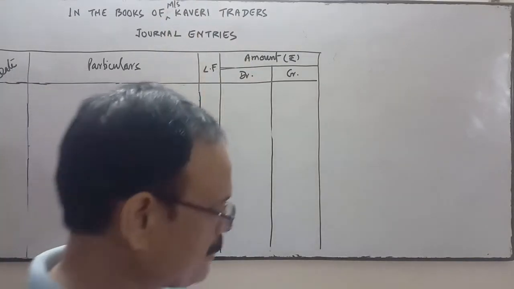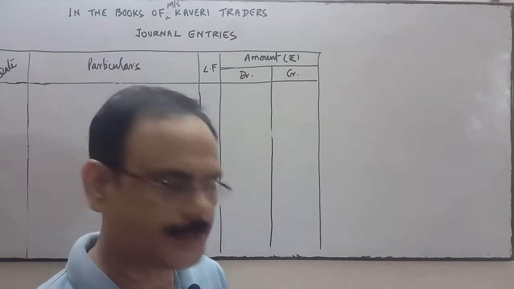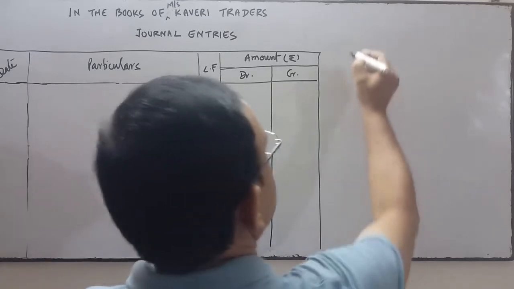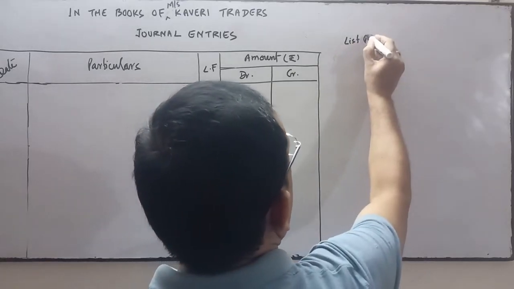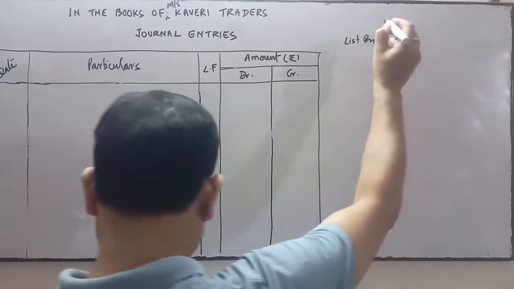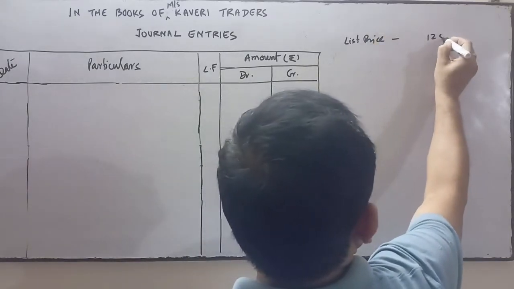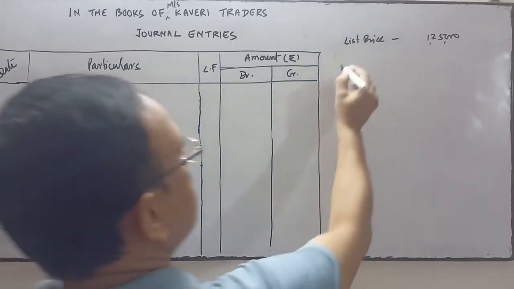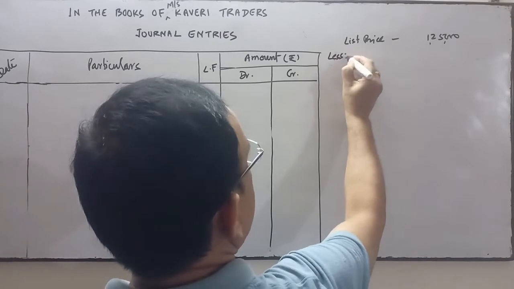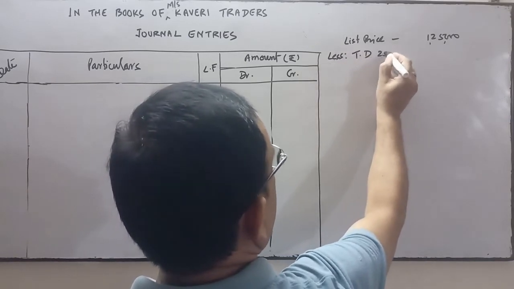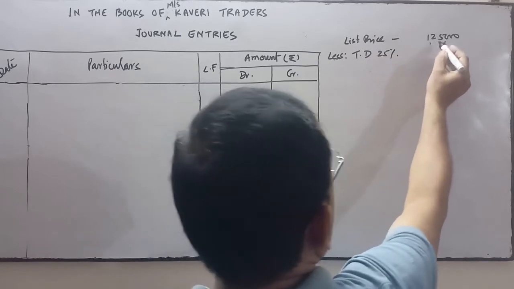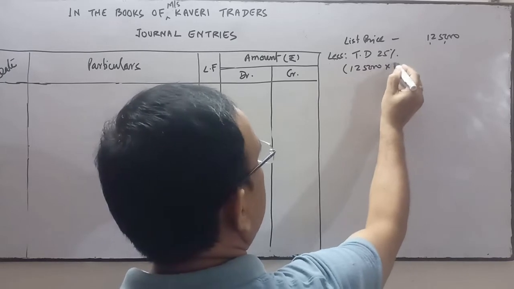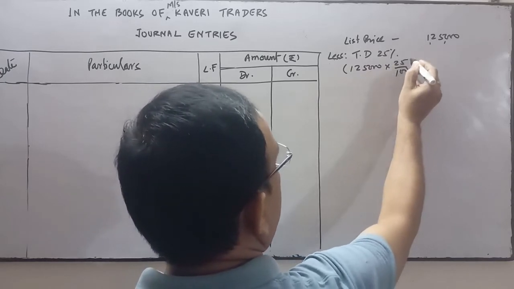So the first transaction is purchase of goods from Nagendra and Sons of Belgaum. The list price of the goods is 1,25,000, at 20% trade discount, so we will deduct the trade discount.